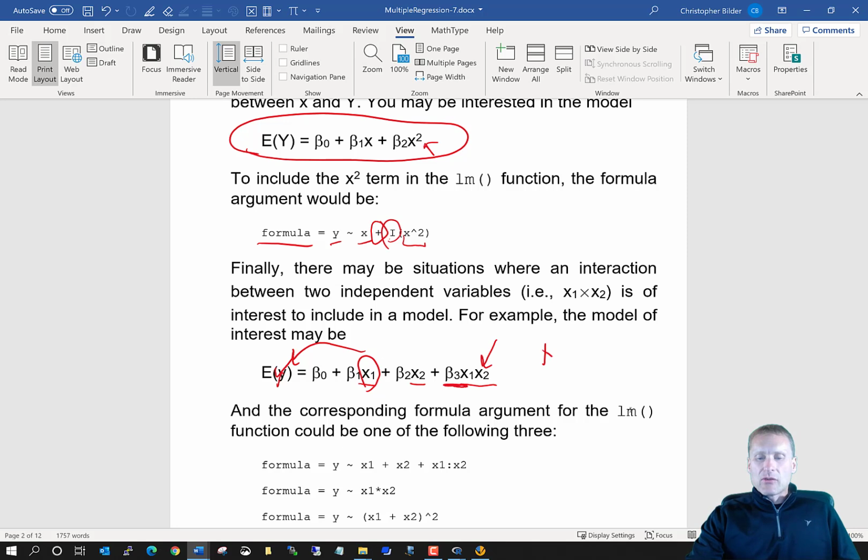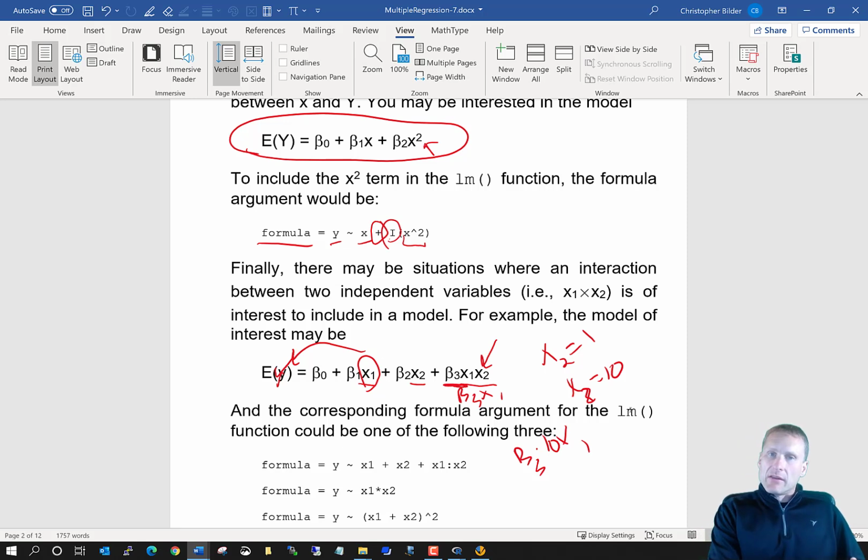So if, let's say, x2 was 1, now we have beta 3 times x1. That's going to have a different effect than, let's say, if x2 is equal to 10. Now we would have a beta 3 times 10 times x1 there instead. And so how x1 affects the expected value of y is a function of x2, its level.